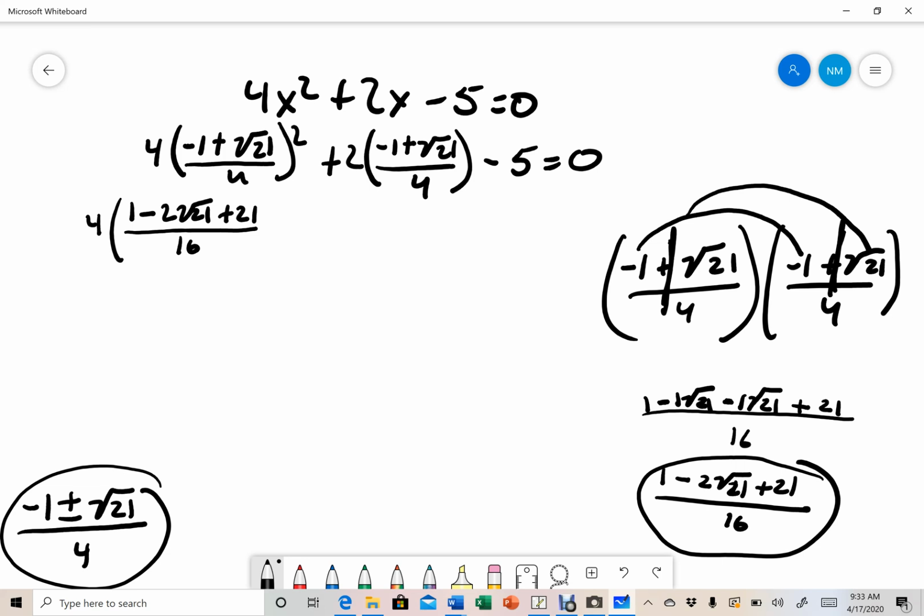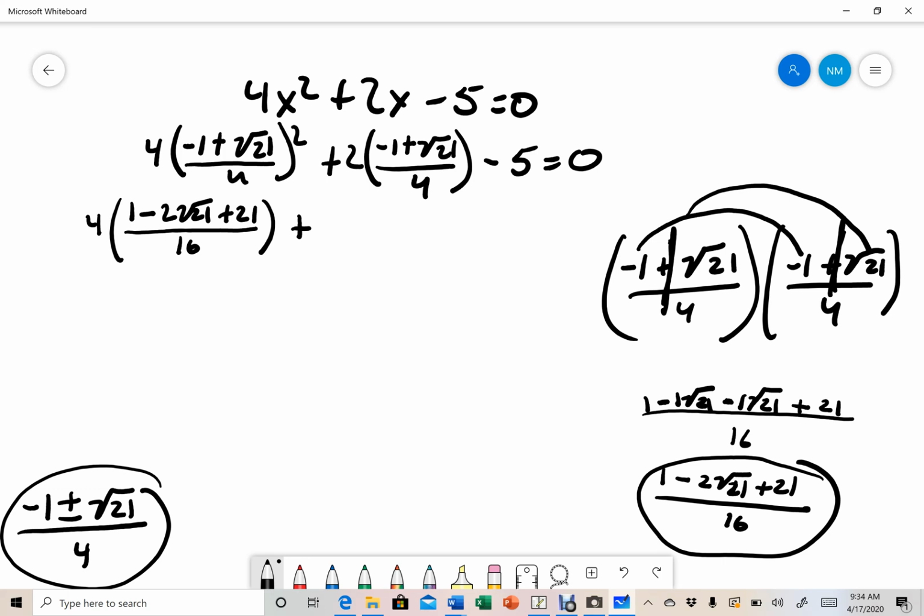Okay, so this is the squared version of this. Okay, hopefully you grasp that. We're just taking our first term times our first, times our last, times our first, and our last times our last. Okay, and just multiplying those out, and that's where you get that from.